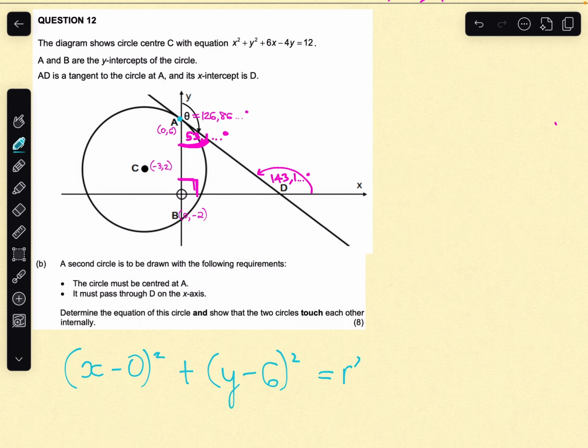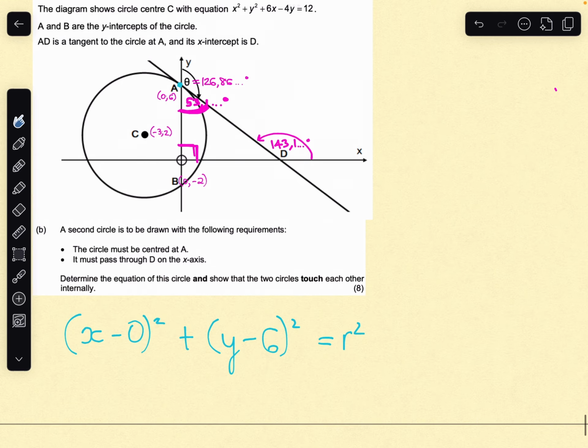And the radius we'll figure out just now. But that's pretty much x squared plus y minus 6 squared is equal to r squared.